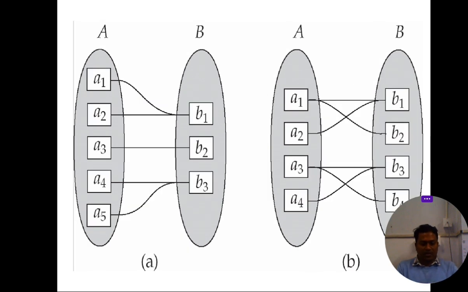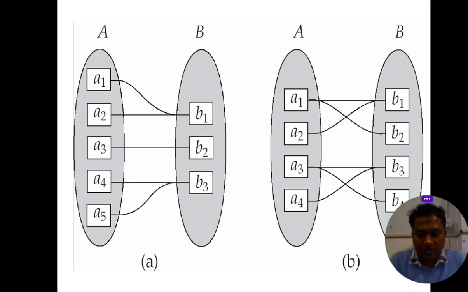Next is many to one, where A1 and A2 are connected with B1, A4 and A5 are connected with B3, but A3 is connected with only B2. Here one thing is for many to one, B1 only.